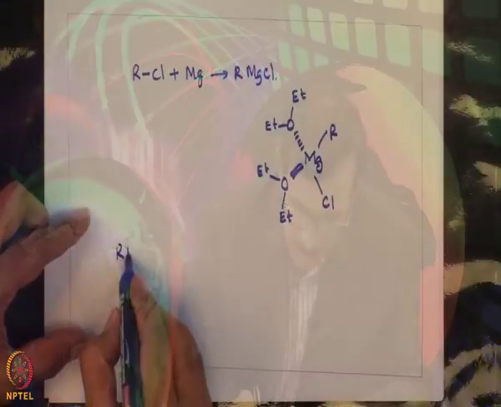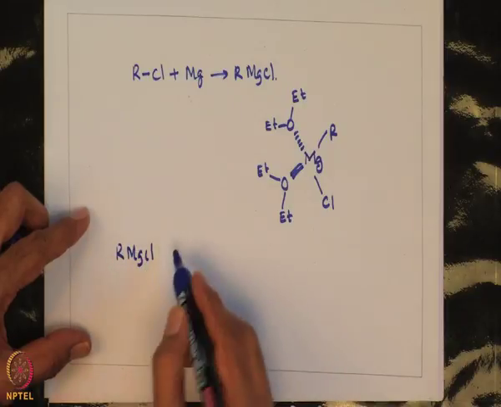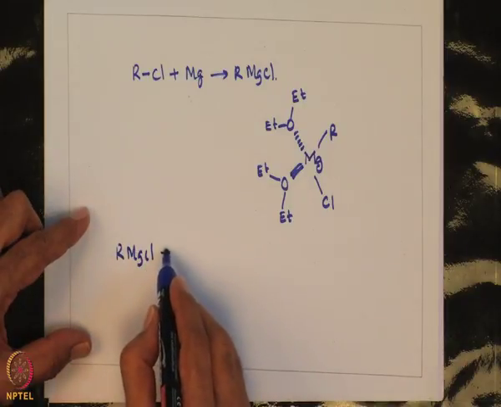About the utility of Grignard reagents in organic reactions, I want to show you one reaction here. For example, take RMgCl and treat this with a ketone.